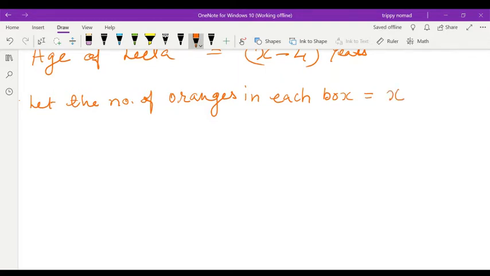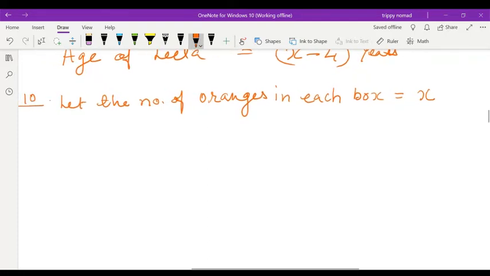Then in how many smaller boxes were they filled?